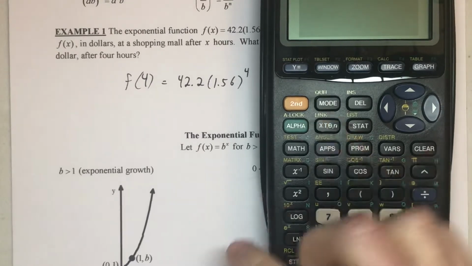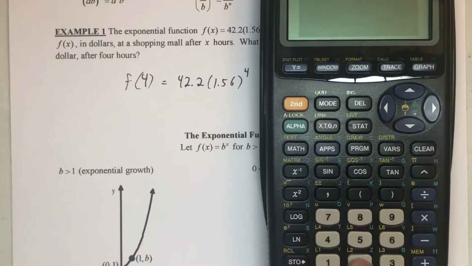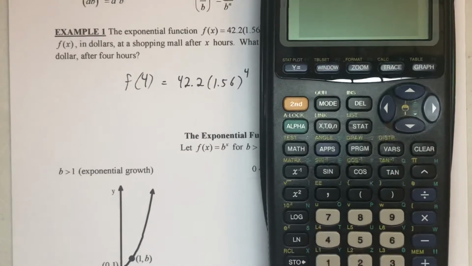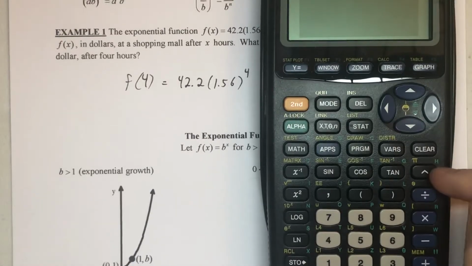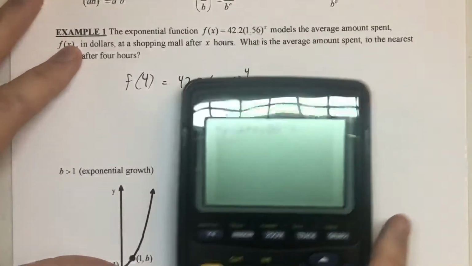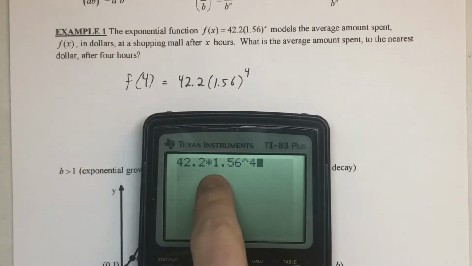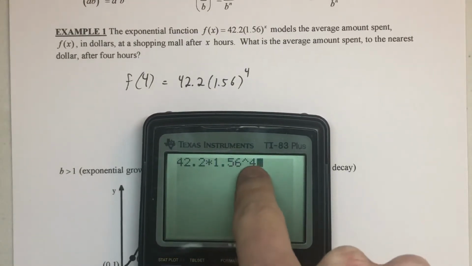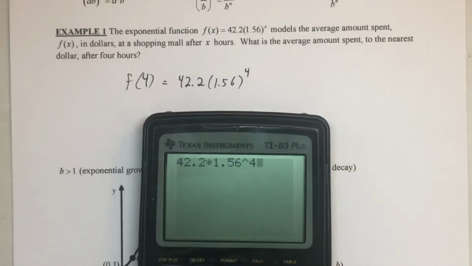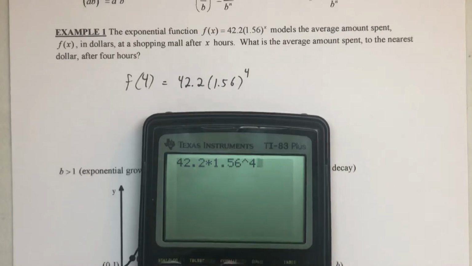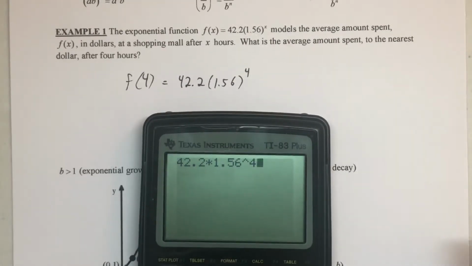So for this particular example, we would just need 42.2 times 1.56 raised to the 4th. That little button there is telling your calculator the next thing it sees is an exponent. So there is the screen after I type it in, 42.2 times 1.56 raised to the 4th. Your calculator will follow just basic order of operations, so it will know to do the exponent first and then the multiplication, as would be implied here in the problem.